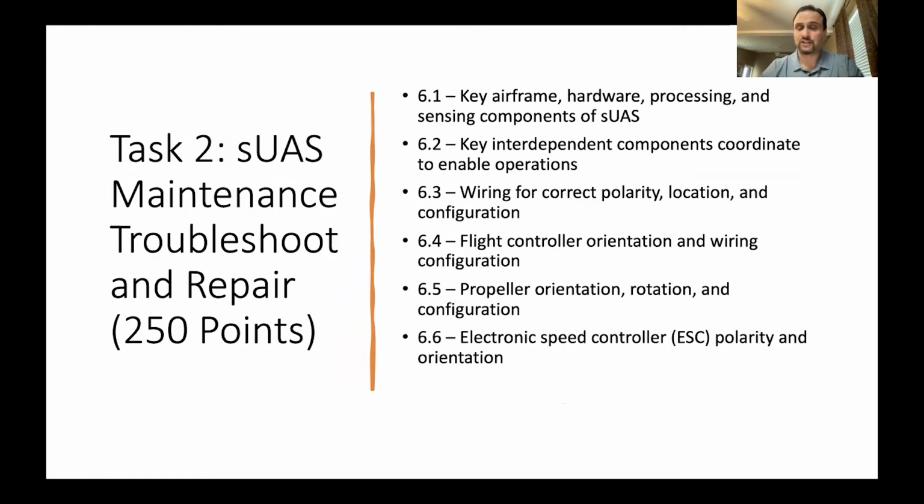The flight controller and the wiring configuration, the propeller orientation. Are they rotating the right way? Are they in the right spot? The electronic speed controllers, or ESCs. Those ESCs tell the motors how fast to spin so the drone stays level. Are their polarity and orientation correct? So they have to really look at a drone that is not working correctly and maintain it and fix it.